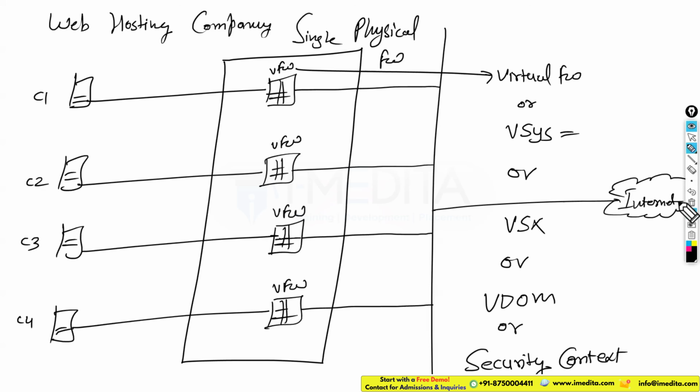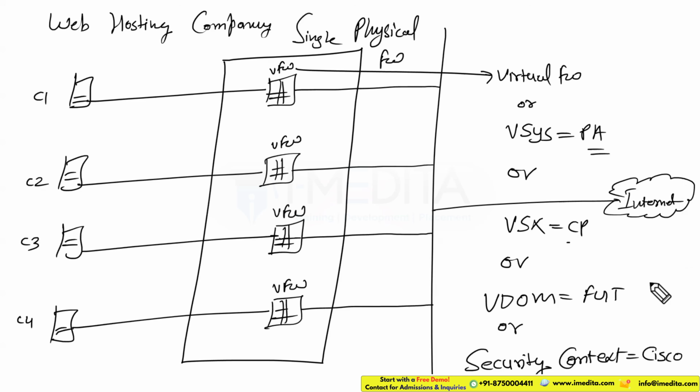VSys is the name used by Palo Alto, VSX is used by Checkpoint, VDOM is used by FortiGate, and security context is the name used by Cisco. Palo Alto, Checkpoint, FortiGate, Cisco, they support virtual firewalls like VSys or VSX or VDOM or security context.